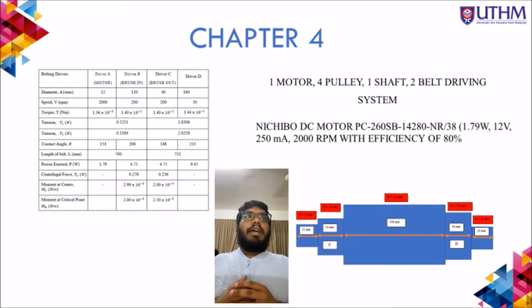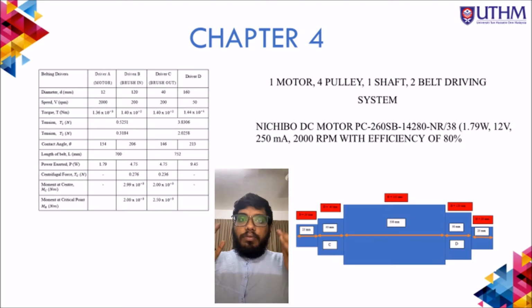Next, we have done the belt driving system analysis, in which we state all the diameters of the gear, specific gear, with the specific speed from the driver to the driven belting device.